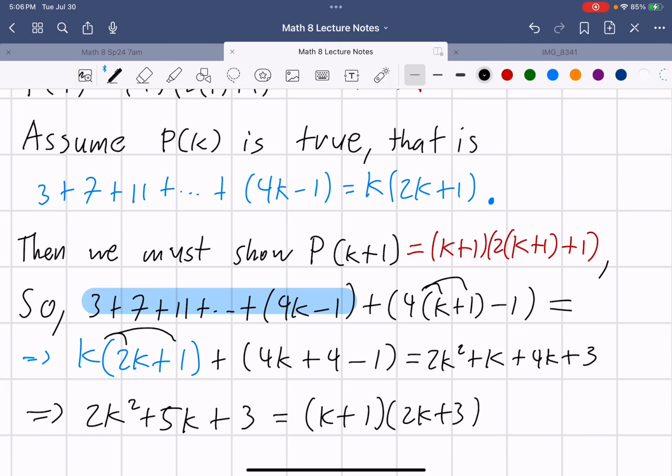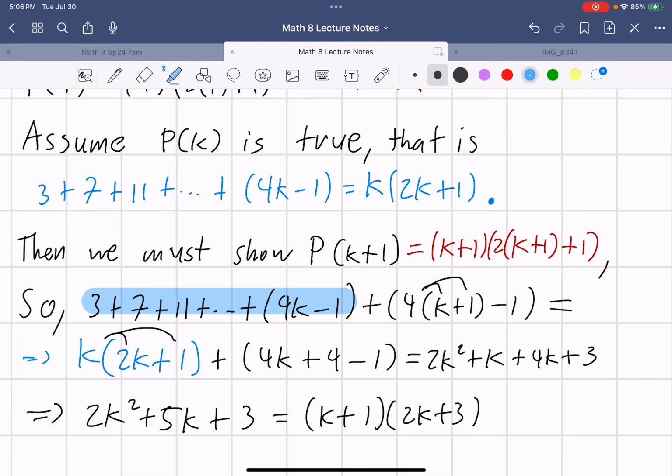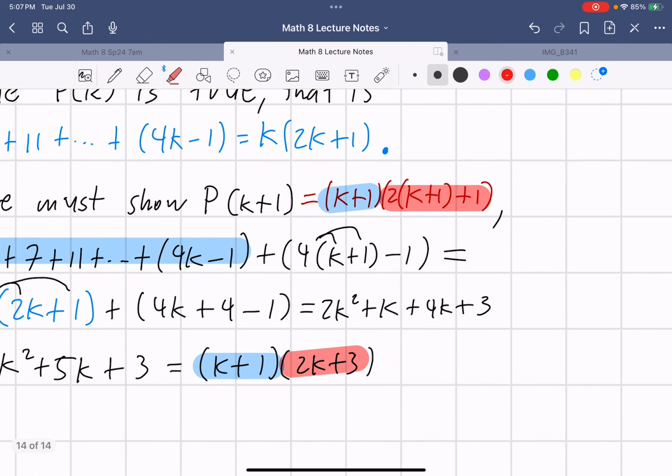Right, so it's kind of that same technique as before. And the idea is, last time, the factoring was exactly what I wanted. Now I have the K plus 1 portion, but I don't have this second part yet. But we actually do. And that's this 2K plus 3. But how do I get that 2K plus 3?